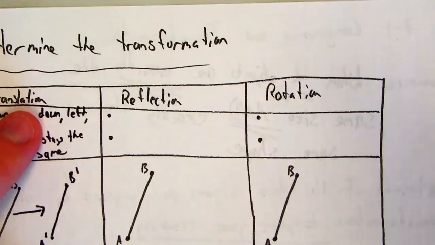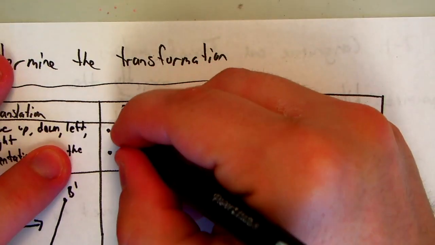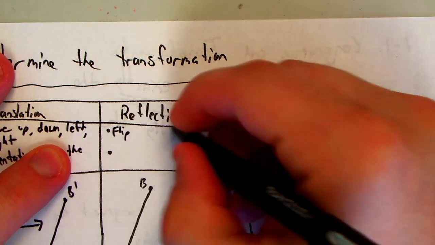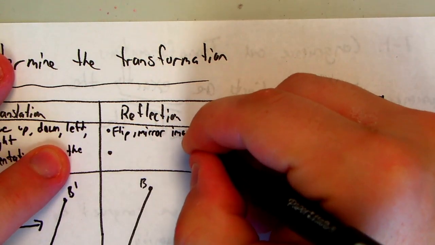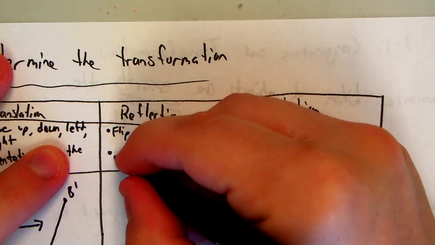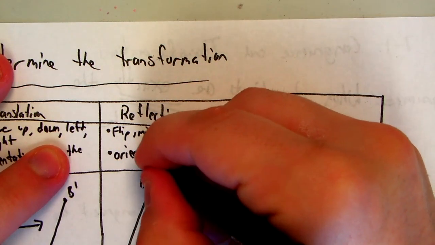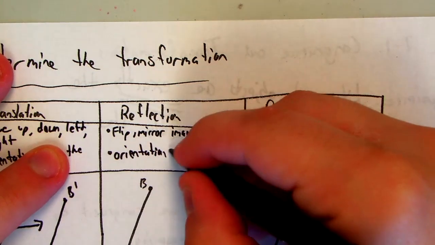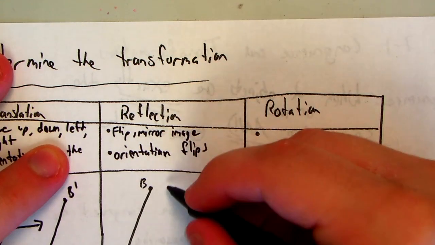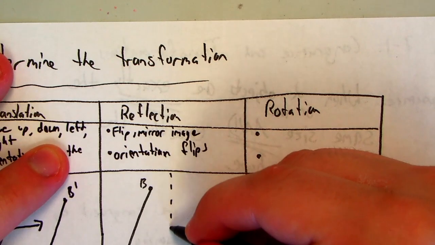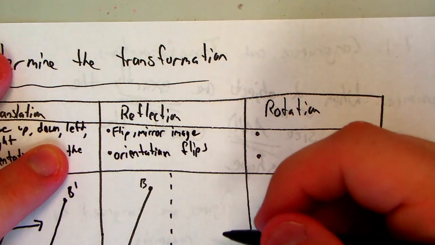A reflection, then, is we flip or make a mirror image. And what that means is the orientation flips. So generally what we have is some kind of line of reflection.